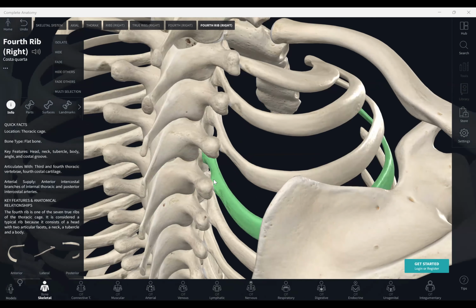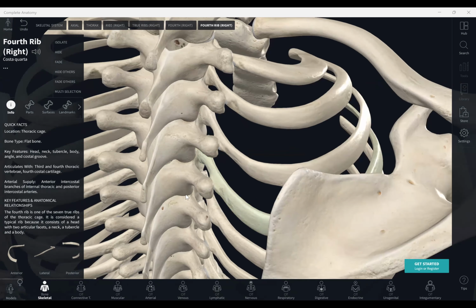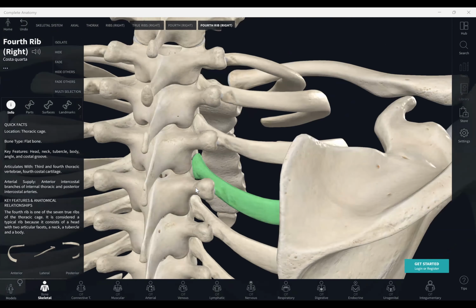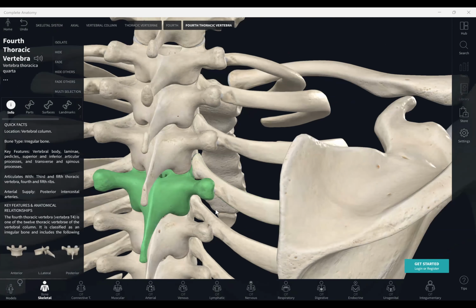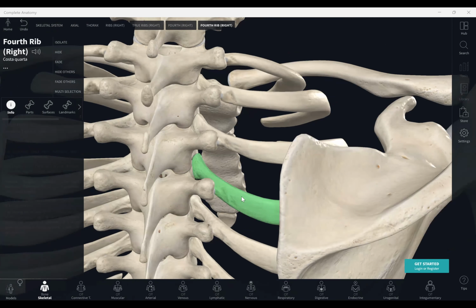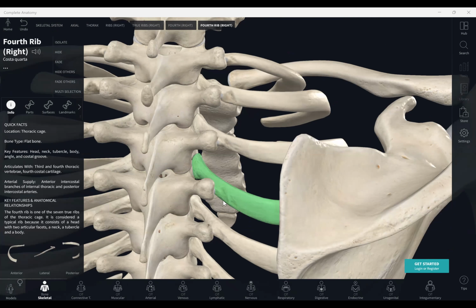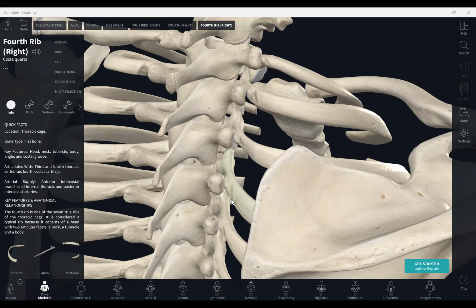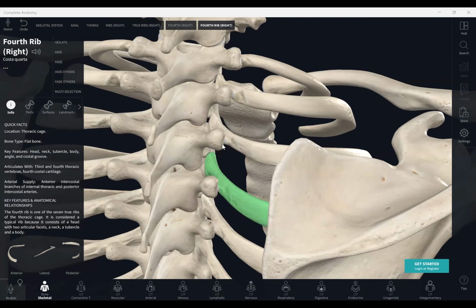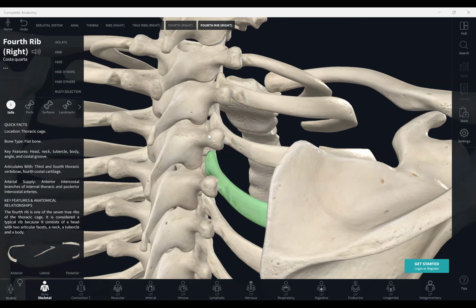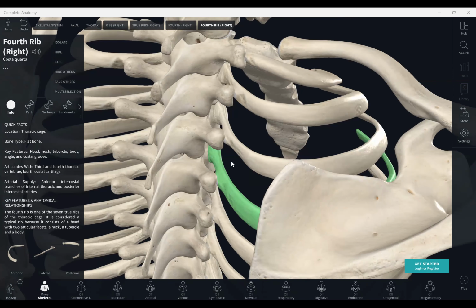This bump right there is in contact with the transverse process of this thoracic bone. So this is the fourth thoracic bone, making this the fourth rib on the right side. And this tubercle is touching T3, so this is rib 3 touching the transverse process of T3.